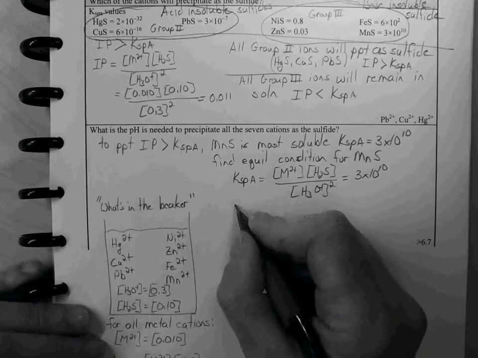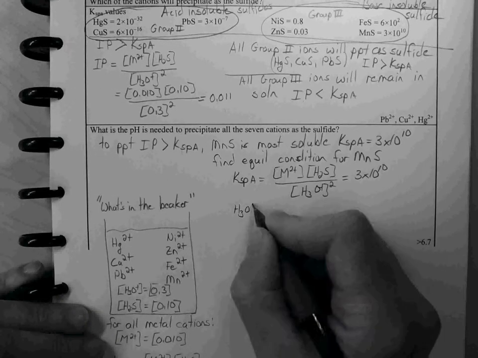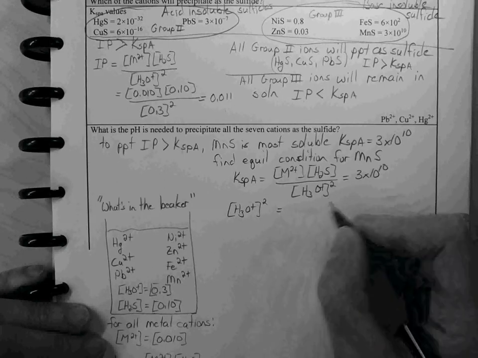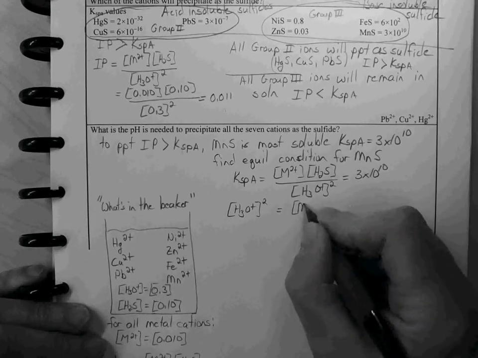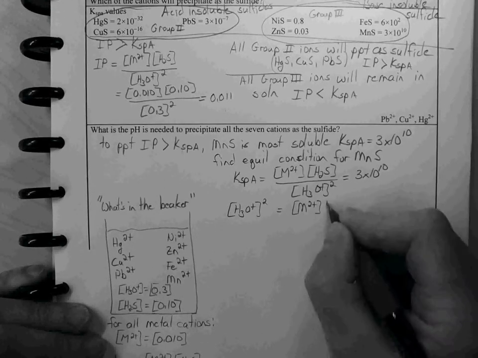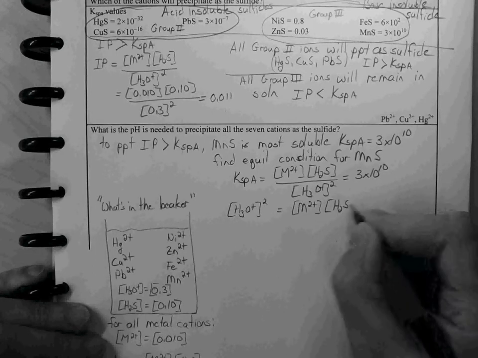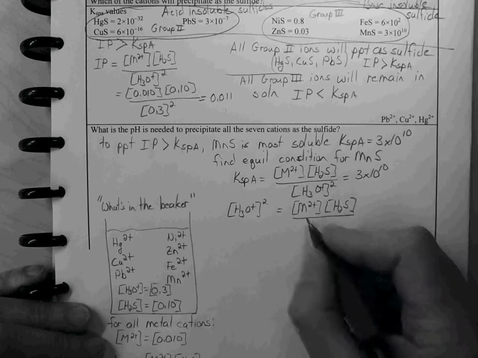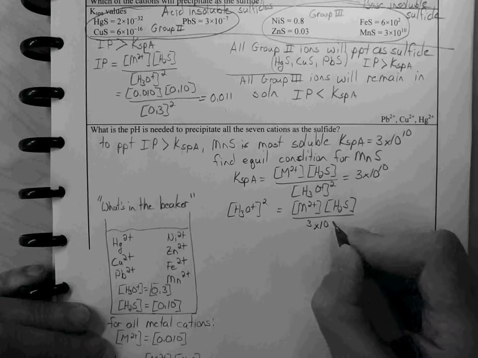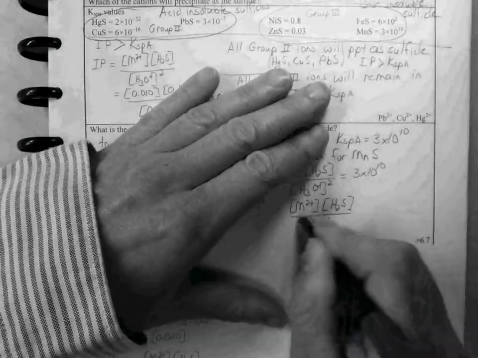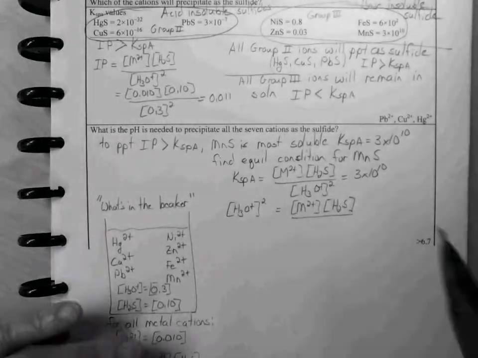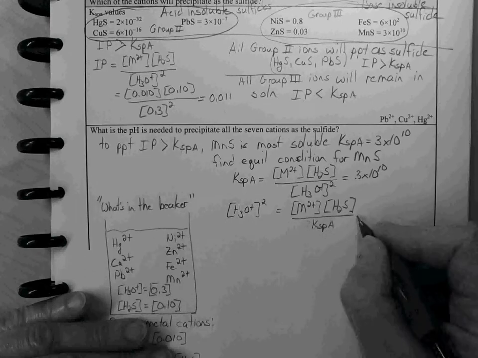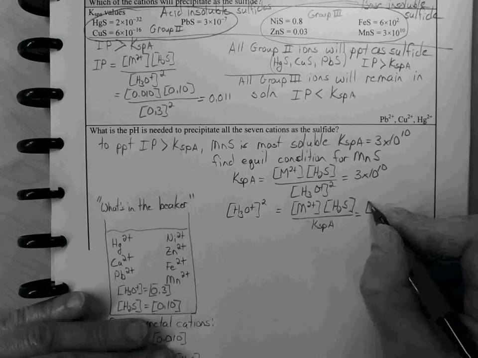Alright, so H3O+ quantity squared is going to be equal to M2+ times H2S divided by our KSPA. Let's just write KSPA, then we'll substitute values.